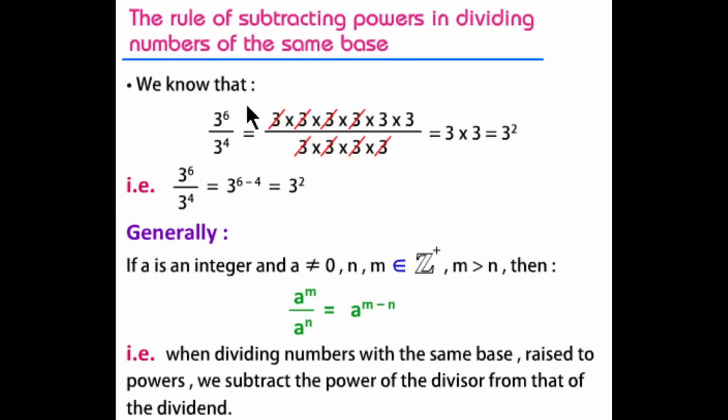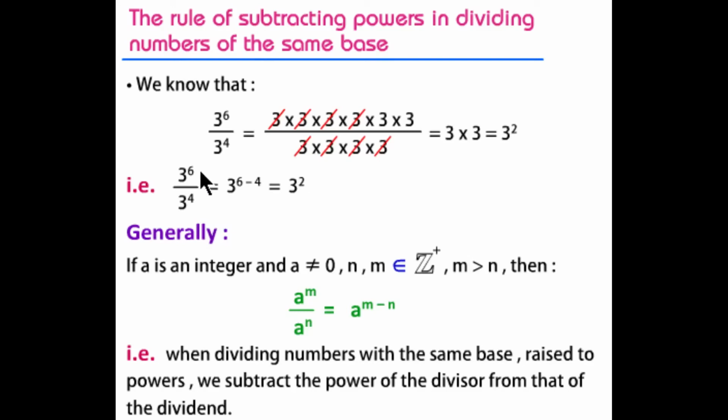We know that 3 to the power 6 over 3 to the power 4 equals, at first, 3 to the power 6, which means 3 is multiplied by itself 6 times, and 3 to the power 4 means 3 is multiplied by itself 4 times, equals 3 times 3, equals 3 to the power 2.